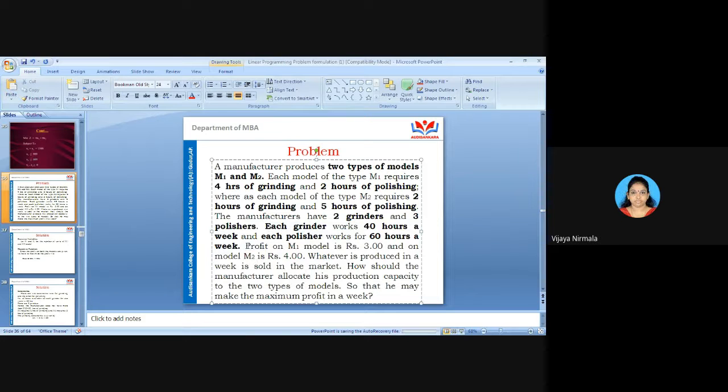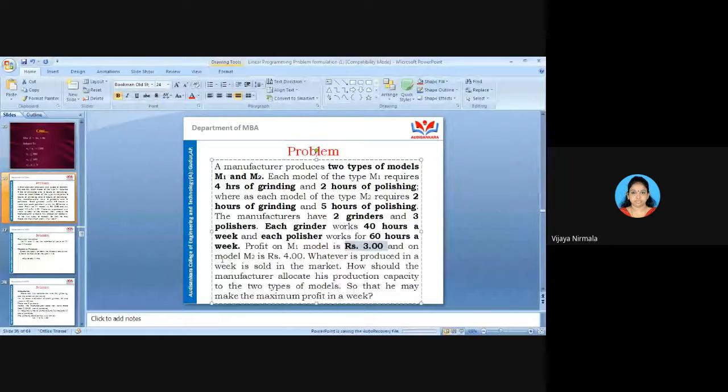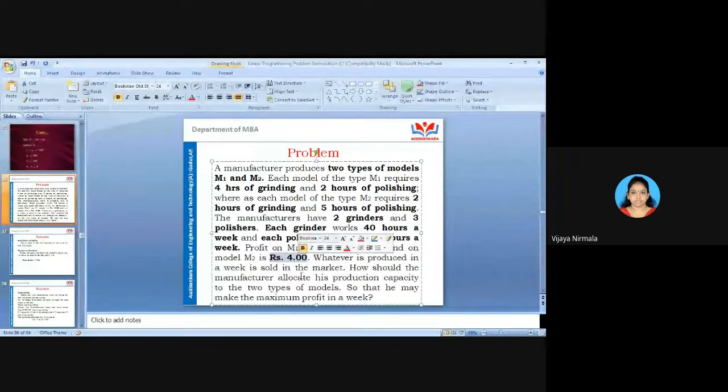So the profit on the M1 model is 3 rupees and the profit on the M2 model is 4 rupees.